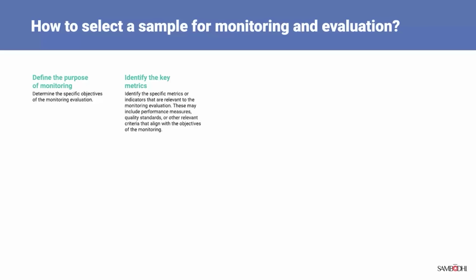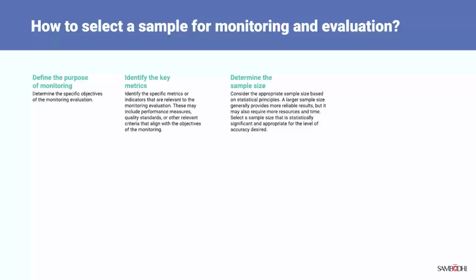These may include performance measures, quality standards, or other relevant criteria that align with the objectives of the monitoring. After identifying the indicators, you move on to determining the sample size. For this, consider the appropriate sample size based on statistical principles. A larger sample size generally provides more reliable results, but it may also require more resources and time. Select a sample size that is statistically significant and appropriate for the level of accuracy desired.